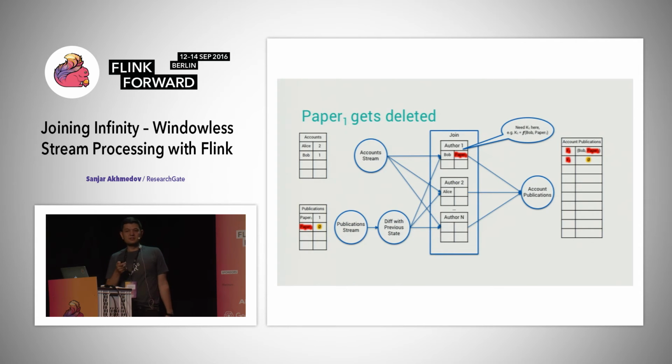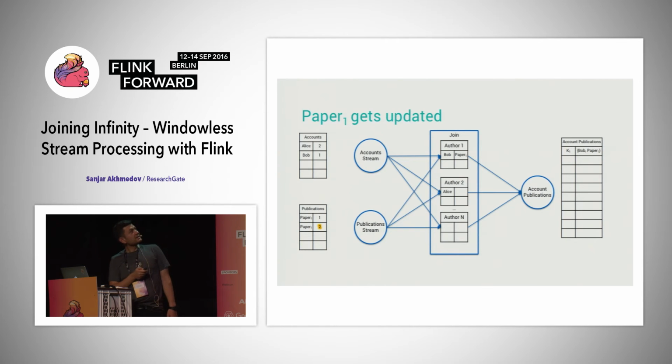And any business case can come up with its own natural ID, which makes sense. So in our case, it's Bob and paper 1, which means that one account can't claim one publication more than once. So one account authors a publication once. And this is the natural ID here, which will solve the delete key problem.